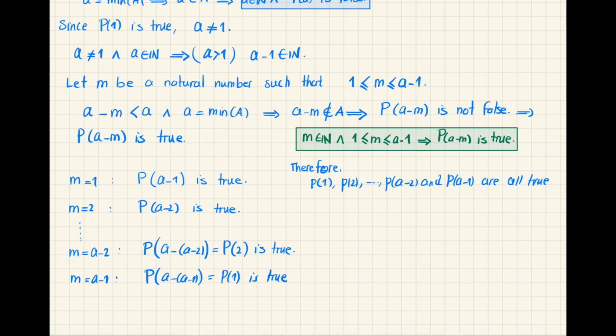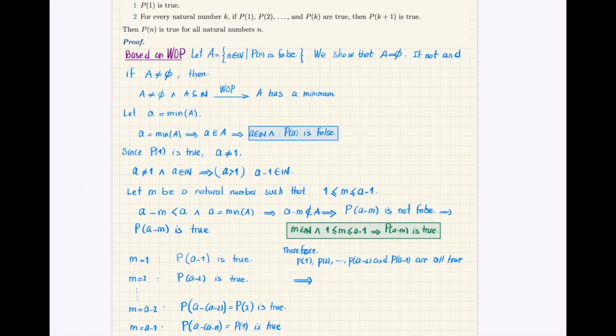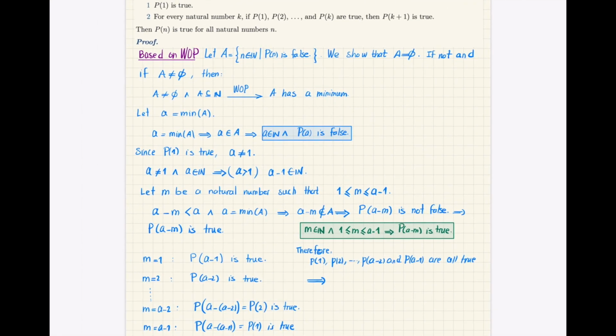So then I can conclude from here, you see, item number 2: if I have a natural number k so that P of 1, P of 2, up to P of k are all true, then according to item number 2, I can conclude the next one is also true.